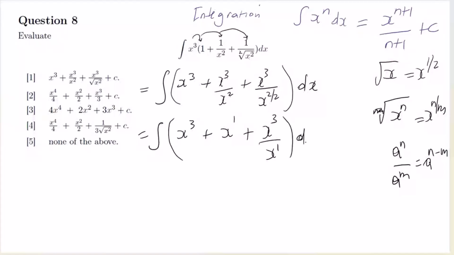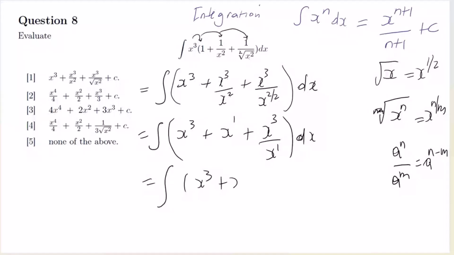I don't want to rush, I don't want to get the answer until I know I have done everything. X cubed over x is going to be x squared. So I've got everything here in this form.